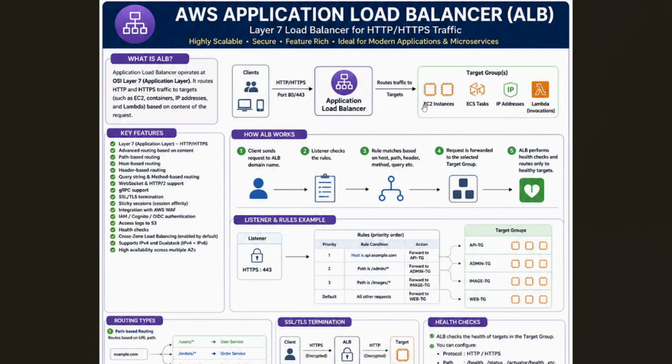Now, suppose for some reason the IP address of my instance changes, then again the client needs to be updated. Otherwise, if the client sends the request with the old IP address, obviously it will not hit the instance because that IP address has changed. So those kinds of issues we face if we do not have a load balancer.